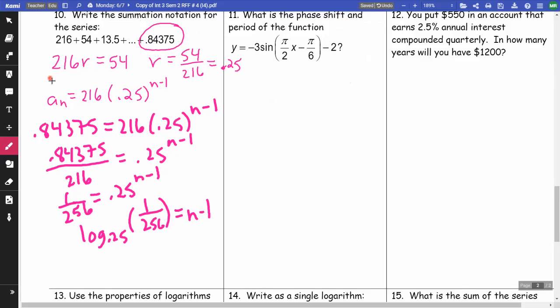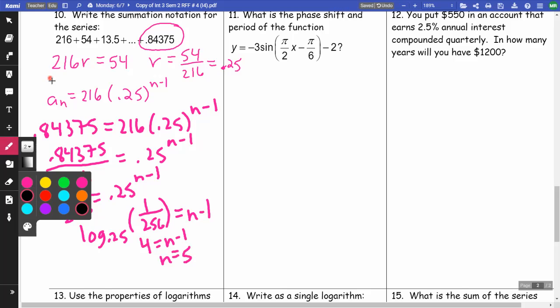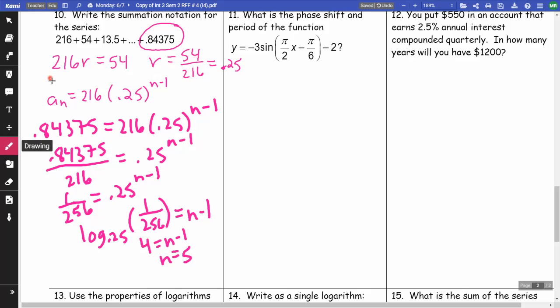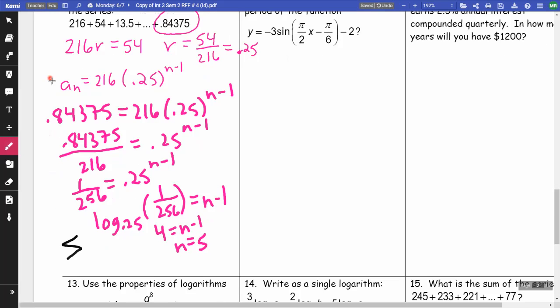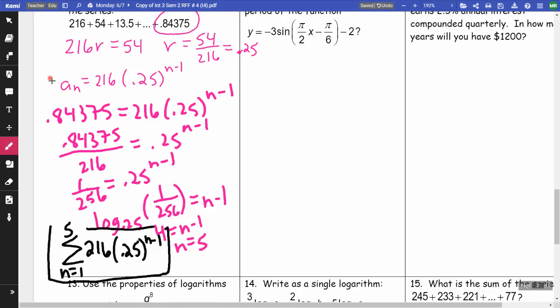I end up getting 4 is equal to n minus 1, so n is 5. So I need to write it in summation notation. It's going to be n equals 1 to 5 of 216 times 0.25 to the n minus 1. And that is our equation.